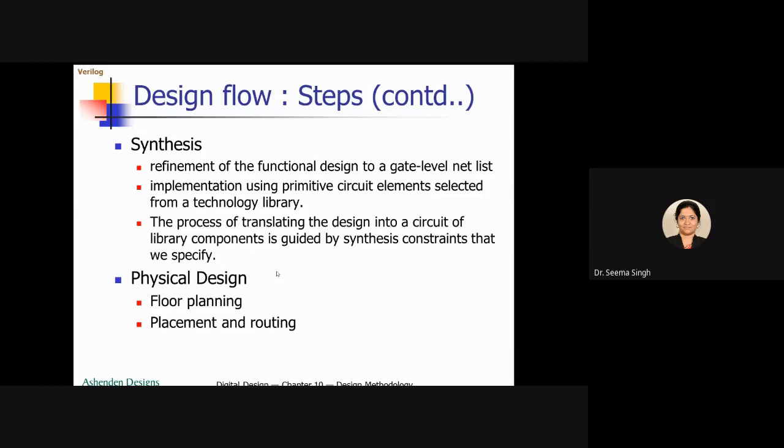What I discussed till now was related to floor plan. Now coming to placement and routing, what does it do? It involves each cell of the floor plan, and we have to find a path for connection.